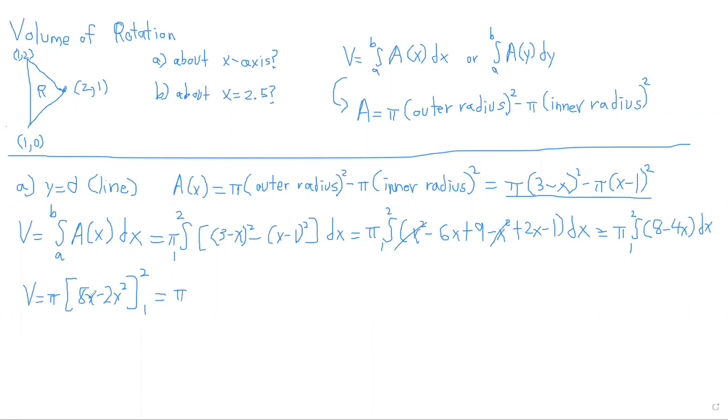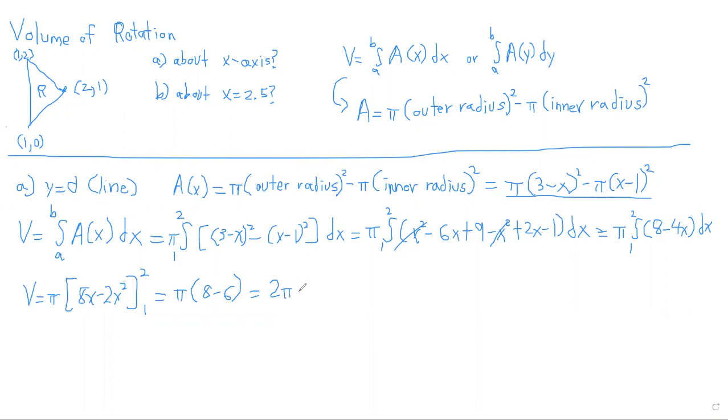When x is equal to 2, that's 8 times 2, 16, minus 2 times 4, that's 8. At 1, that's 8 minus 2, which is 6. Your answer is 2 pi.